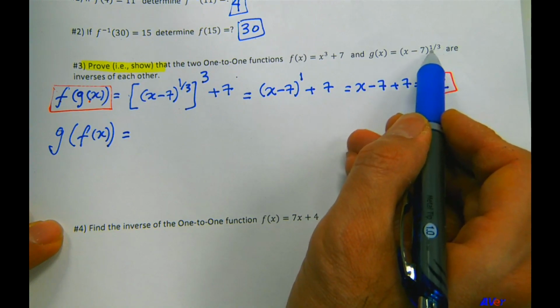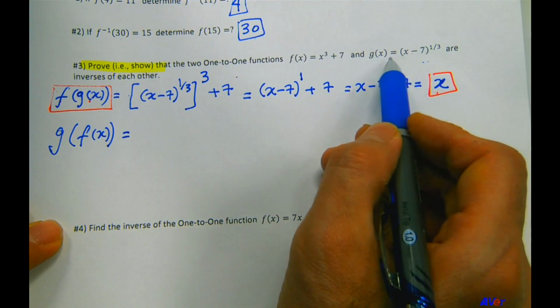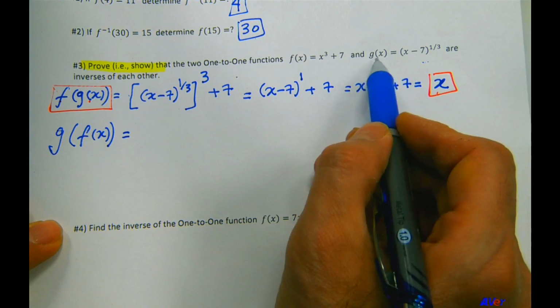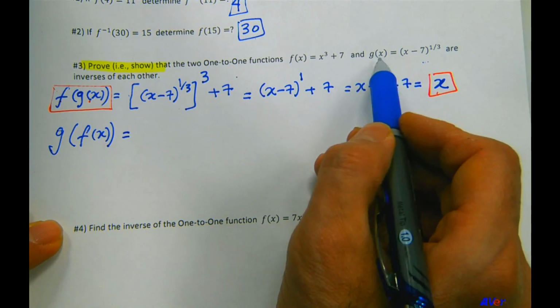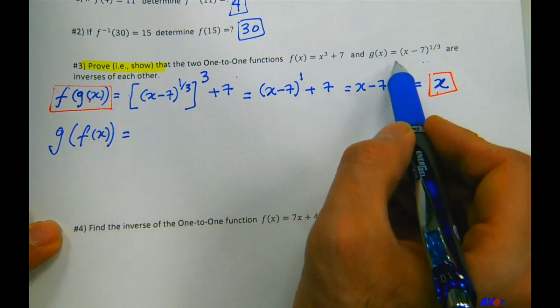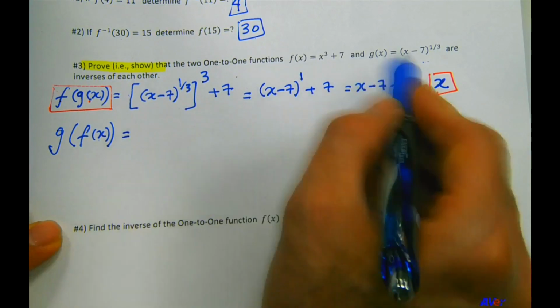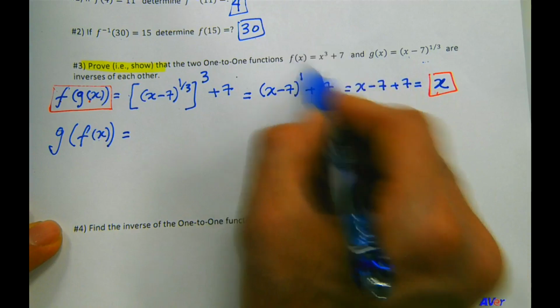No, that would be combining functions. We're not adding or subtracting functions. We are finding the composition of two functions. The composition means we need to replace x in g with all of f. Okay, let's do that.